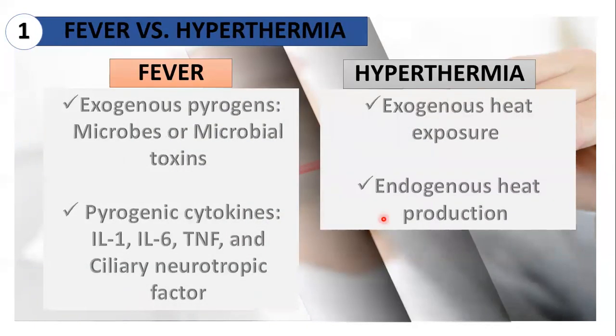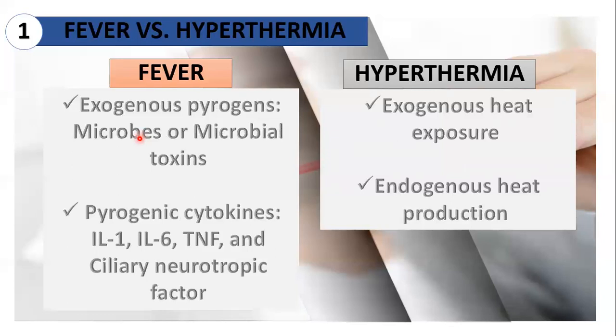Let's now talk about the difference of the two in terms of pathogenesis. Intrinsic substances that cause fever are termed pyrogens, okay? It came from the Greek word pyro, which means fire. So for fever, we have exogenous and endogenous pyrogens. Exogenous pyrogens are the following.